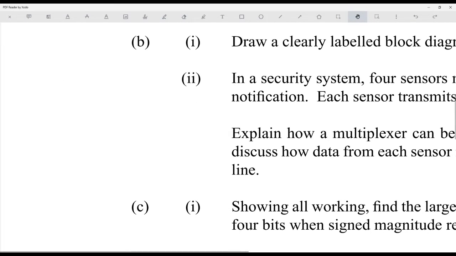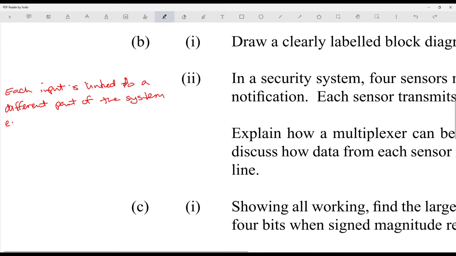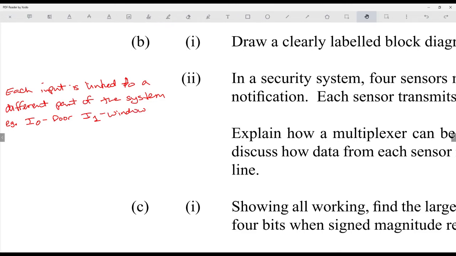So you're going to say, first point, each input is linked to a different part of the system. Example, input 0 would be a door and input 1 would be a window. Right, so that's showing that each one of them is linked.